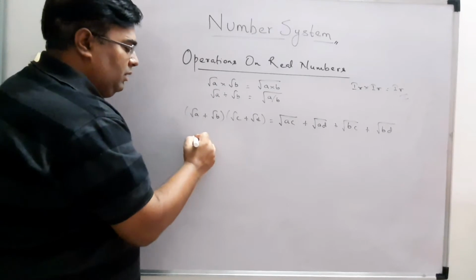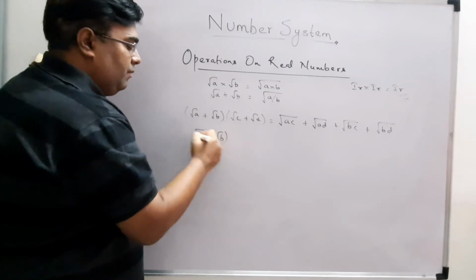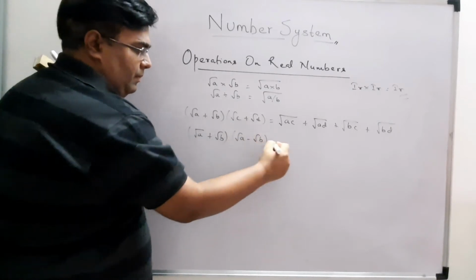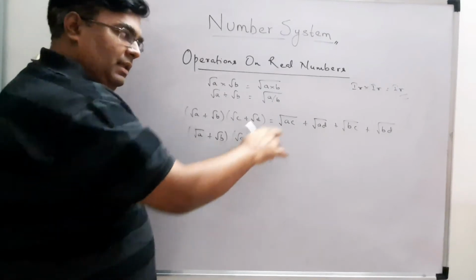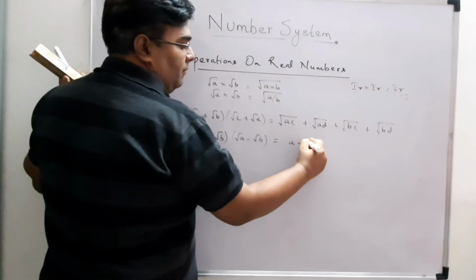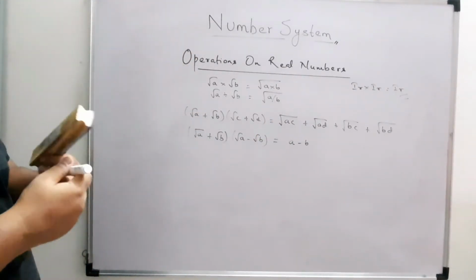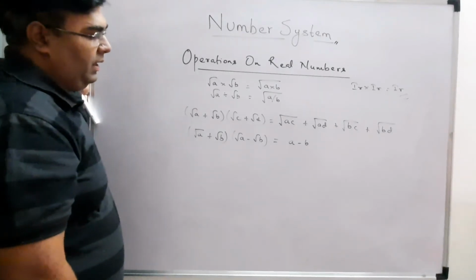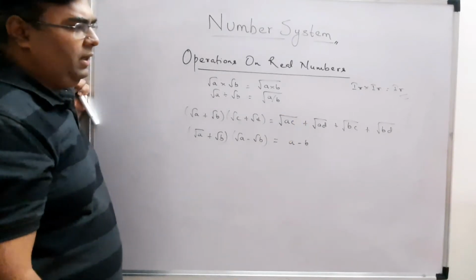The important ones I am telling you: root a plus root b and root a minus root b. If you apply the same logic here, you will get a minus b. Okay, you can do it by yourself, right? And there are other identities also. You can apply the same logic here.